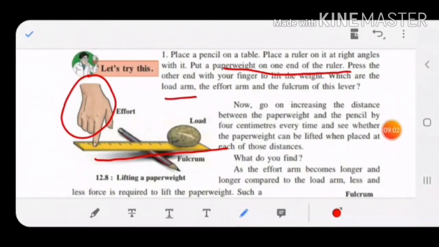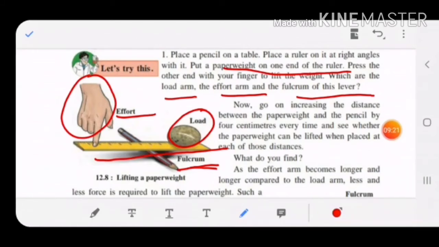So which are the load arm, effort arm, and fulcrum of this lever? Children, this is the weight, so this one is the load. This pencil is giving support, so this one is the fulcrum, and this one is the effort, because from this end he is trying to lift the weight. He is applying the force. Now go on increasing the distance between the paperweight and pencil.